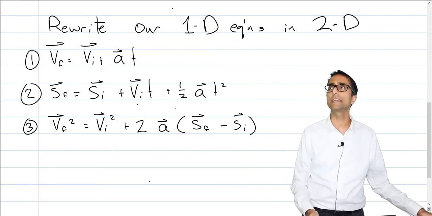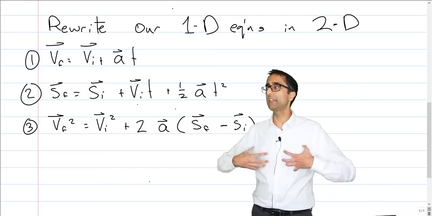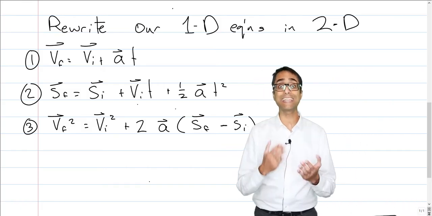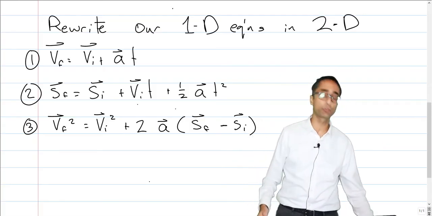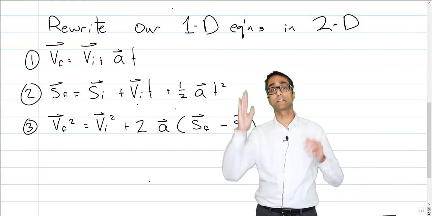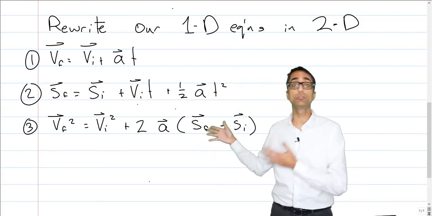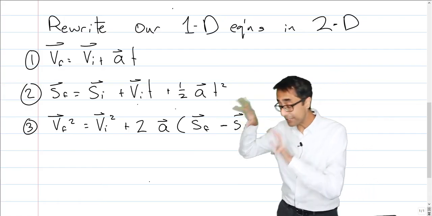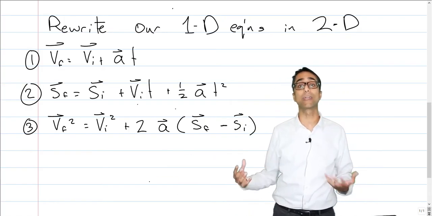Basically, what I'm trying to say is these equations are only used in individual dimensions. And so if you have an object that's moving through 2-dimensional space, both with an x and a y component, you actually have to use these equations in their original 1-dimensional form, in the x direction and the y direction.